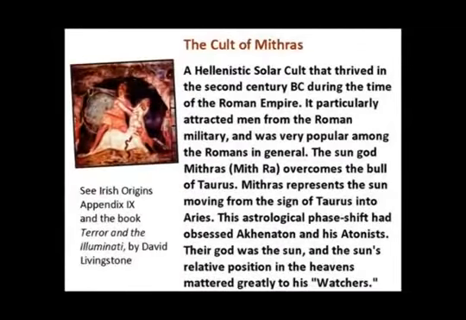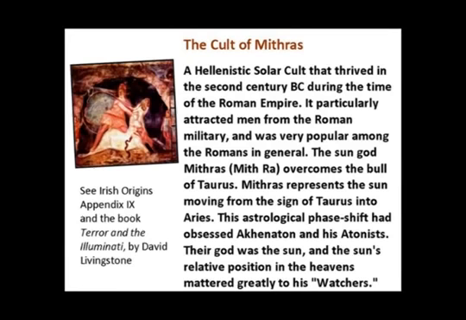Then we turn to the cult of Mithras. This is a Hellenistic solar cult that thrived in the 2nd century BC during the time of the Roman Empire. It particularly attracted men from the Roman military and was very popular among Romans in general. The sun god Mithras, or Mithra, overcomes the bull of Taurus. Mithras represents the sun moving from the sign of Taurus into Aries.